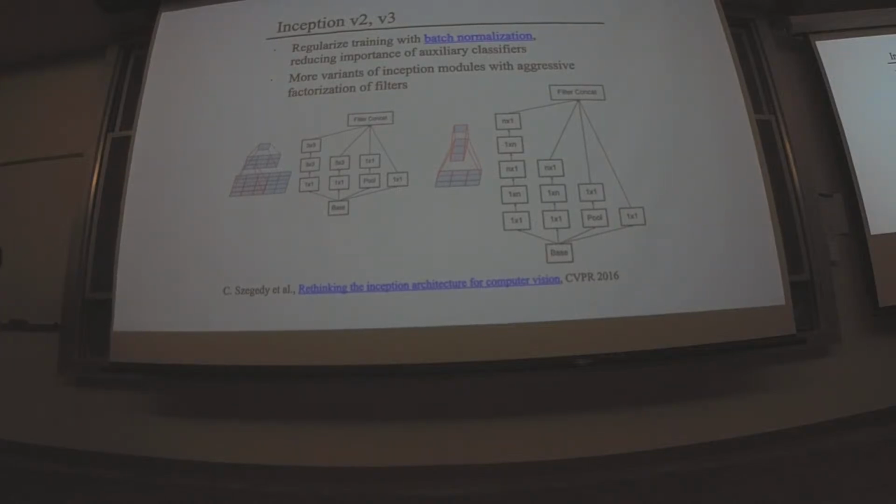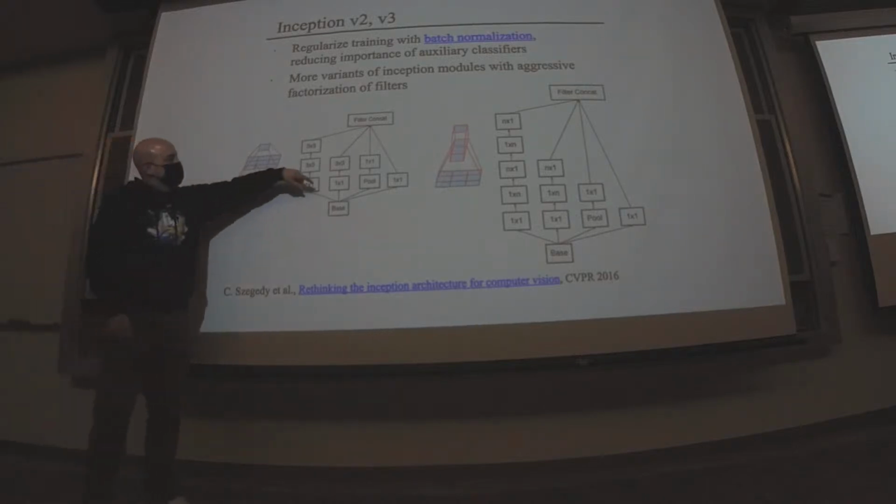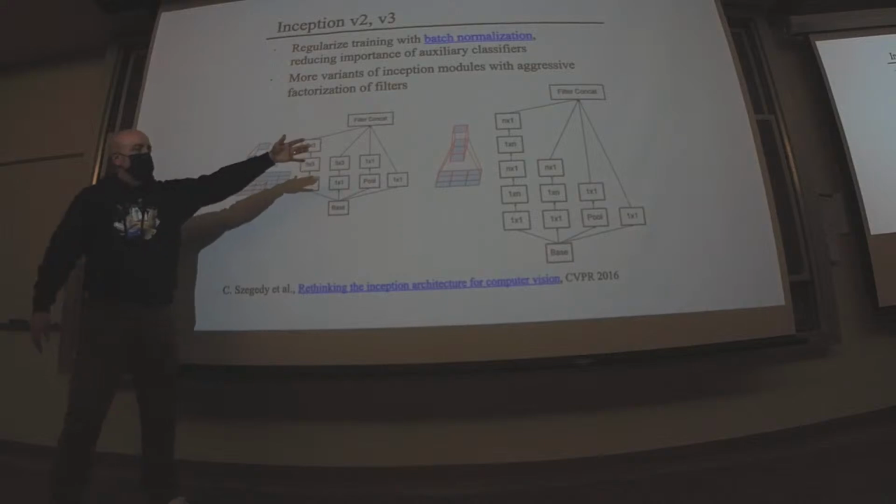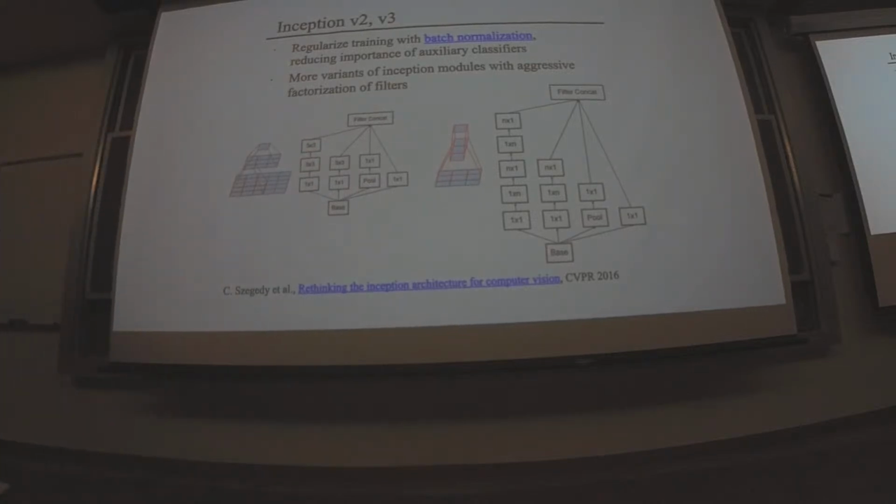So we got rid of 5 by 5s when we said, oh, if we have two layers of 3 by 3, we have the same receptive field. Well, this is going further and saying, yeah, you're right, we could even take that further and break my 3 by 3 into a 1 by 3 and a 3 by 1. And again, this is how we do a 5 by 5 and have the same receptive field by two 3 by 3s, and then we just extend that further.